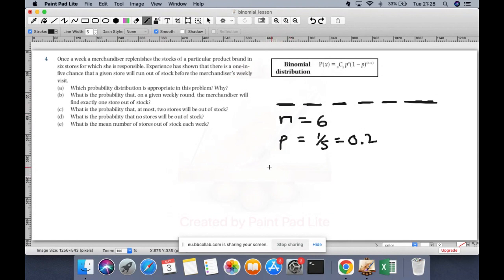So what you would need to let be a random variable is what you're interested in. So we would say let x be the number, I'm going to represent it by a hash, number of stores out of stock or running out of stock.